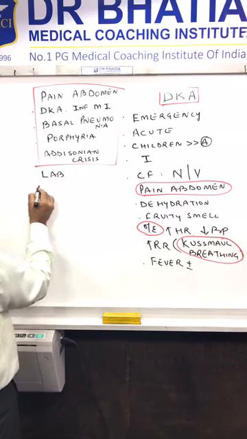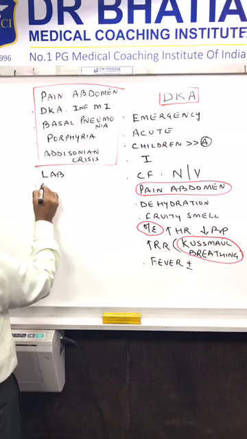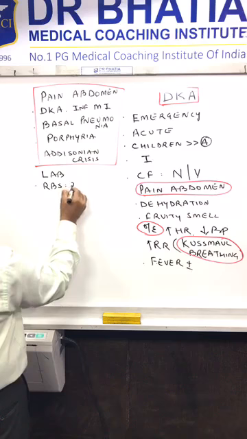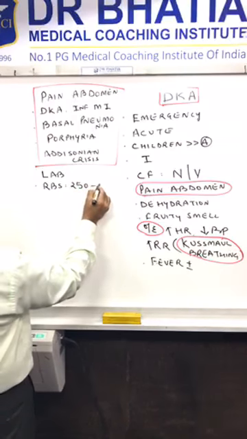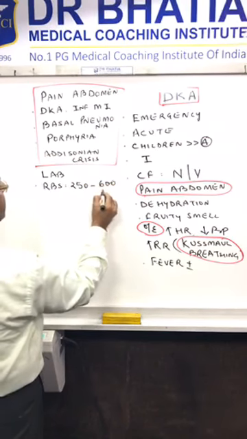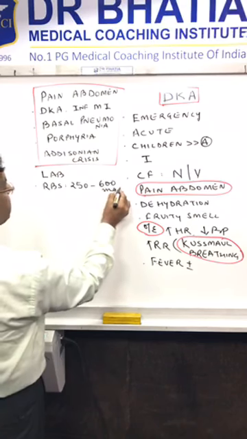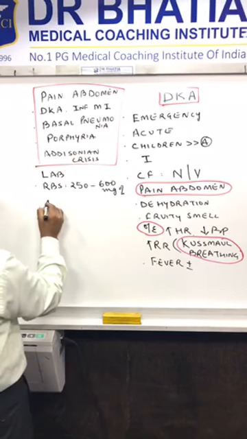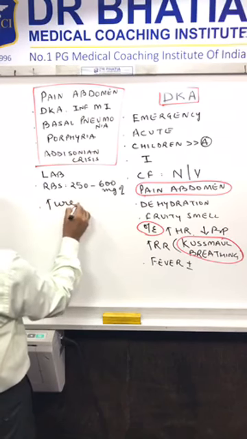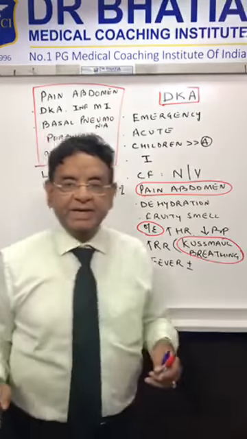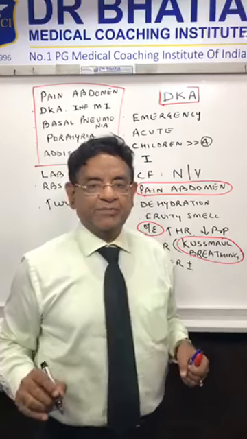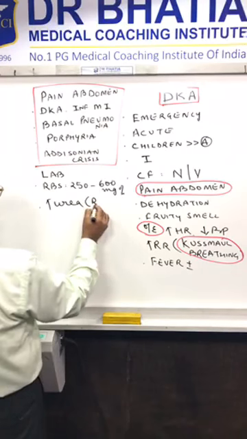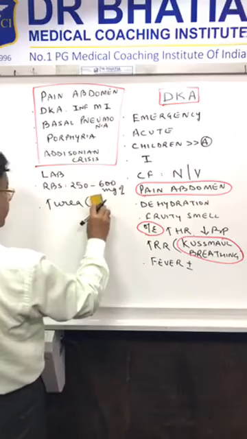The lab parameters are, first of all, sugar values in the range of 250 to 600 milligram percent. There is increased blood urea because of dehydration. So we can say, due to pre-renal failure.